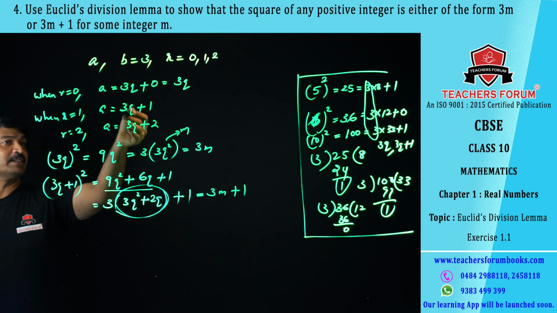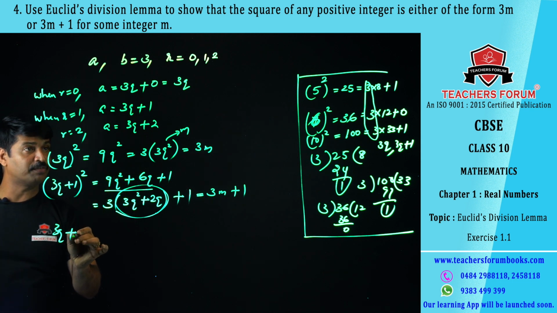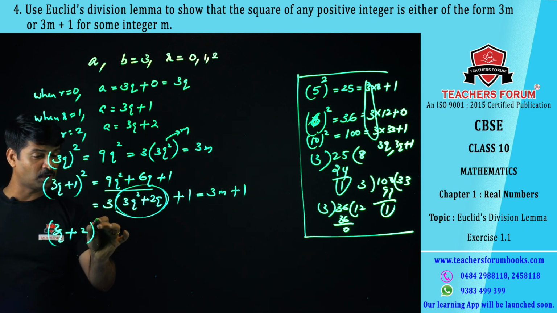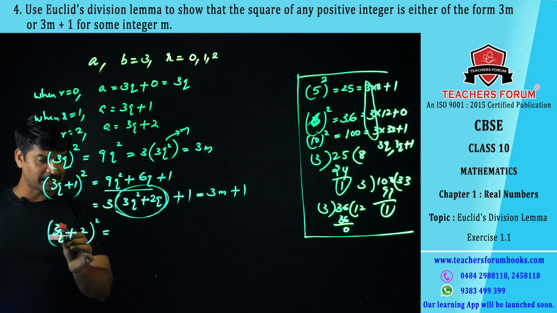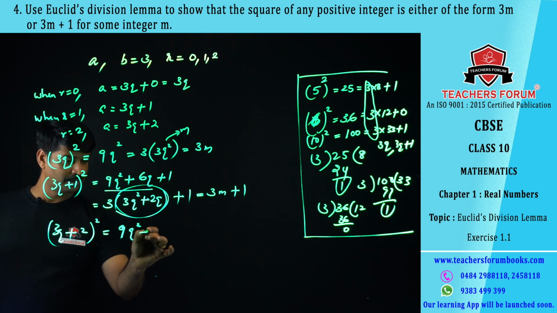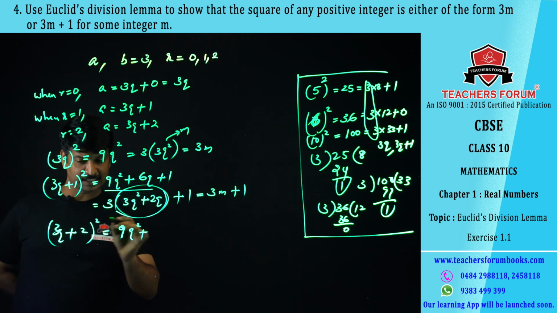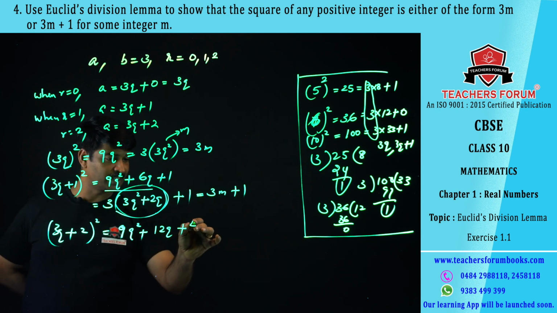Now, let us take the third one, that is integer 3q plus 2. Let us find the square of 3q plus 2, that is 3q plus 2 the whole square. It is also of the form a plus b the whole square. What is a plus b the whole square? a square, 9q square, plus 2ab, that is 12q, plus b square, that is 2 square, that is 4.